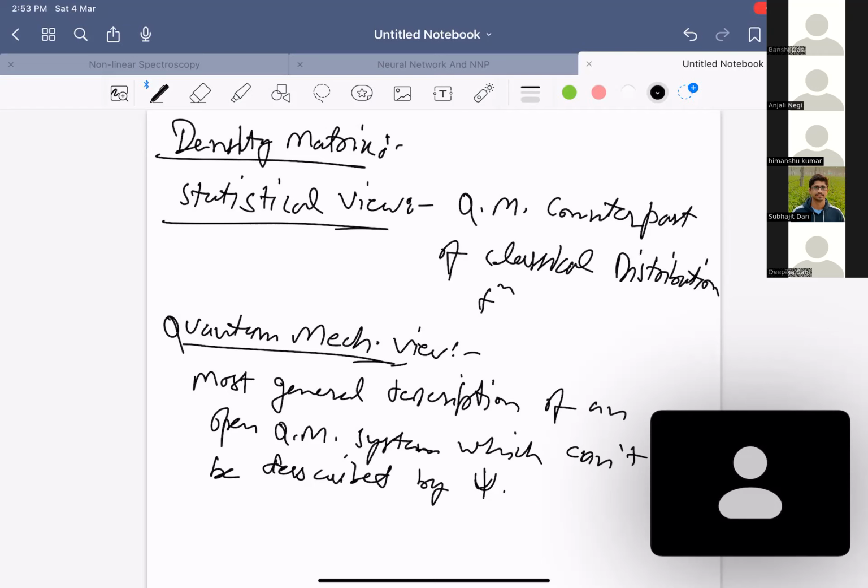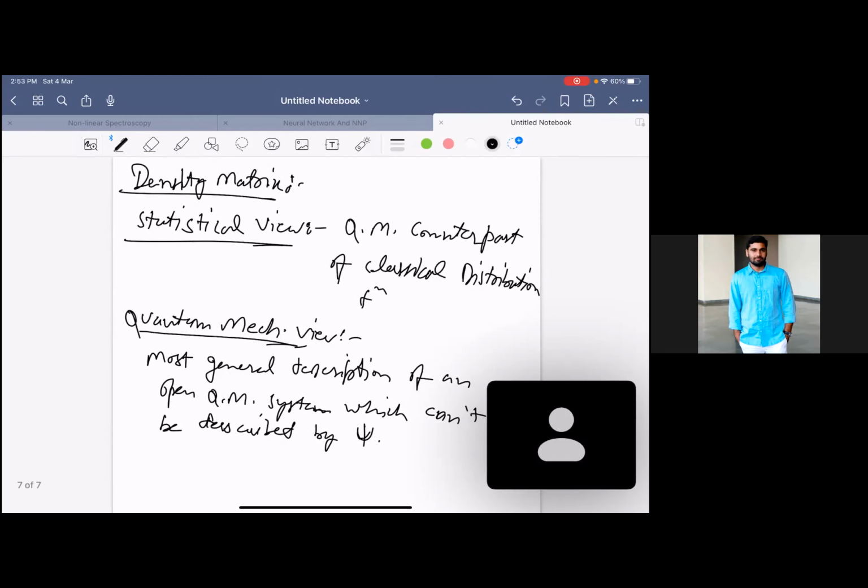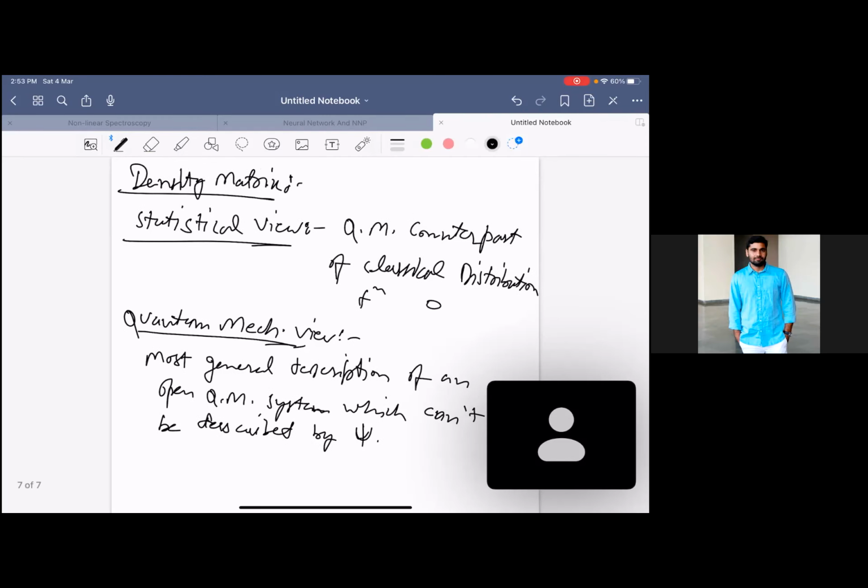Yeah, so in statistics, suppose there is a particle. Classical distribution functions means suppose any distribution function, say p, depends upon the position and momentum of the particle.